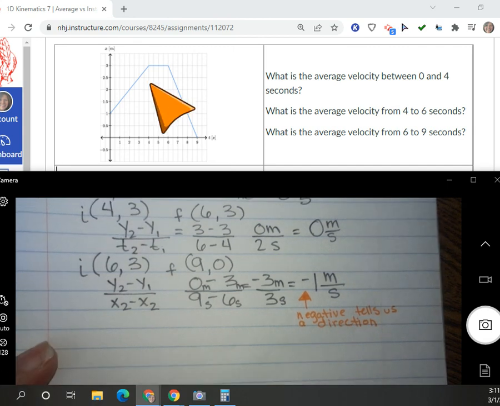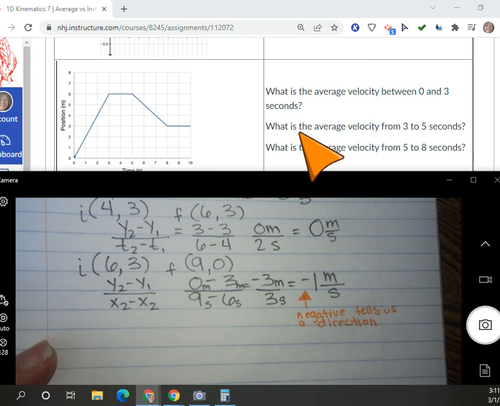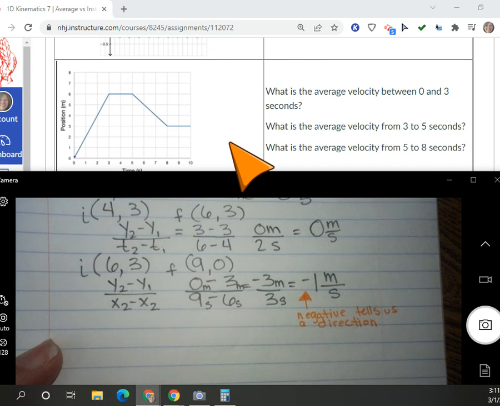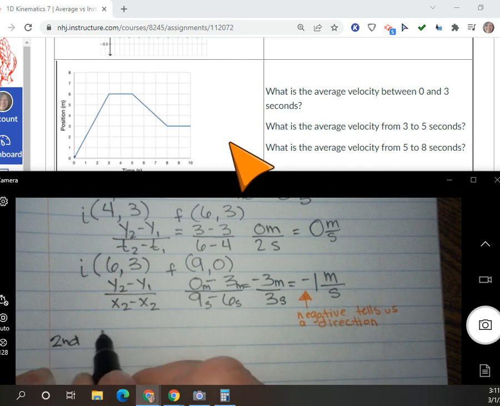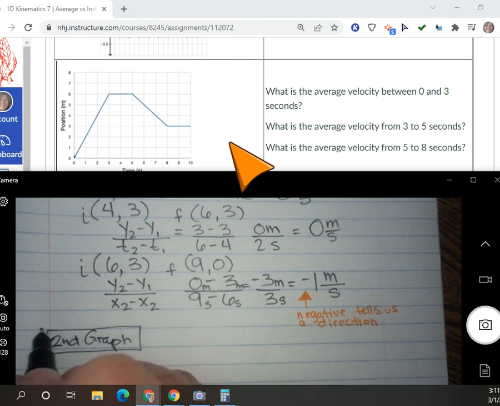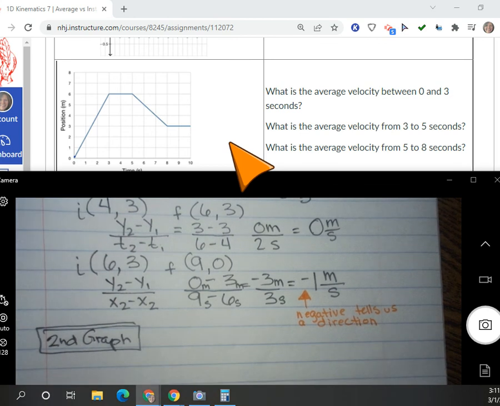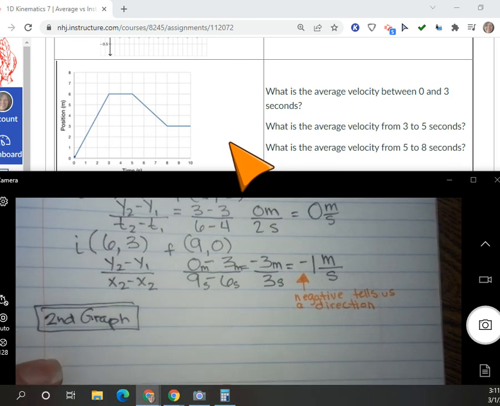All right. So let's look at the second graph here. I'm just going to give you these examples so that you'll be ready to do that exit ticket. In our second graph, what is the average velocity between 0 and 3 seconds?